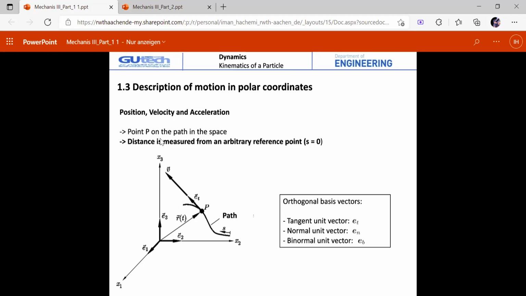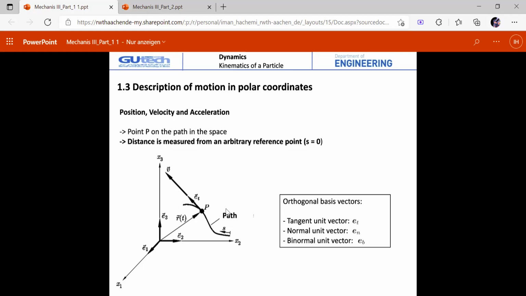Now, if we have P on the path in space, and the distance is measured from any arbitrary reference point S0, that means we start from this point and follow the path of this particle P. What we introduce is what we call an orthogonal basis vector.